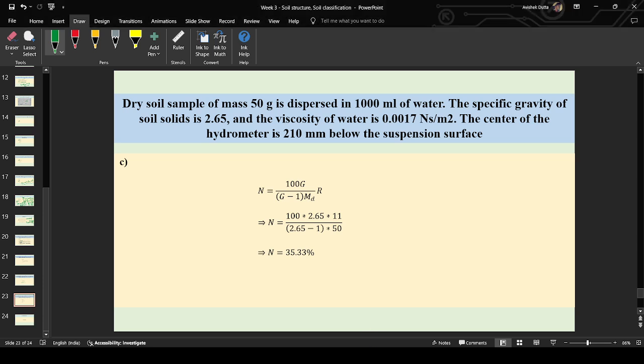The formula is G by G minus 1 MD into R into 100 percent, where G is the specific gravity, MD is the mass of dry soil, and R is the corrected hydrometer reading. The percentage of clay particles is 35.33 percent. I believe the solutions were clear.